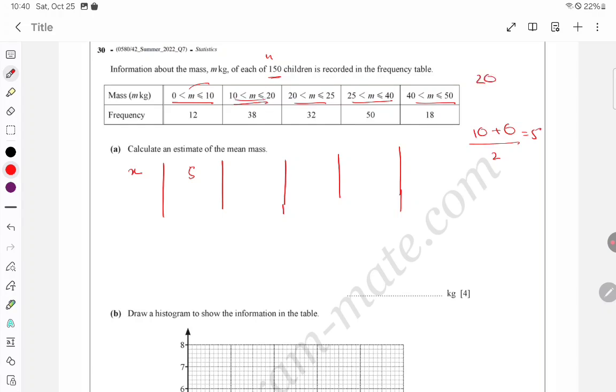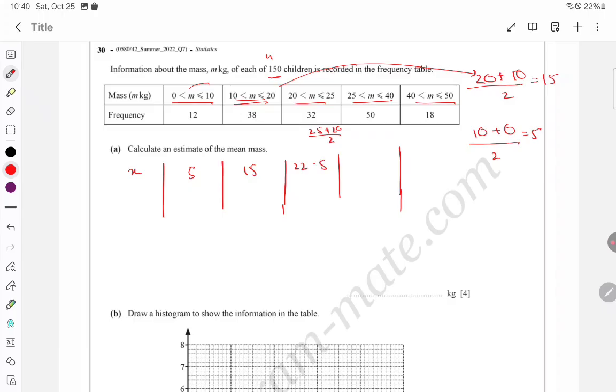For this one, 20 plus 10 divided by 2 will become 15. For the third one, 25 plus 20 divided by 2 will give you 22.5.